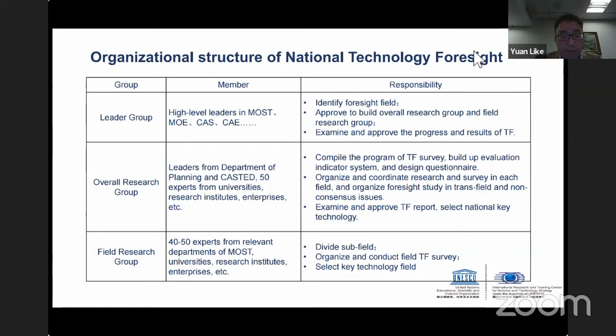We invite maybe 40 to 50 experts from the relevant departments of the Ministry of Science and Technology, universities, and other institutes. The responsibility of the field research group is to divide the subfields, organize and conduct the field technology foresight surveys, and select critical technology fields.